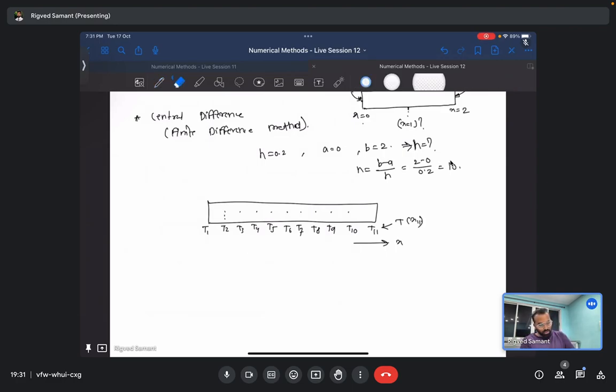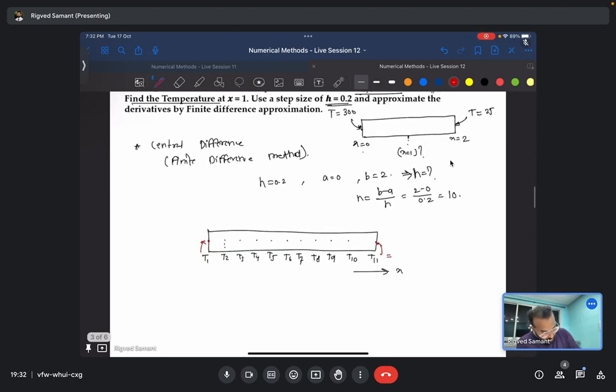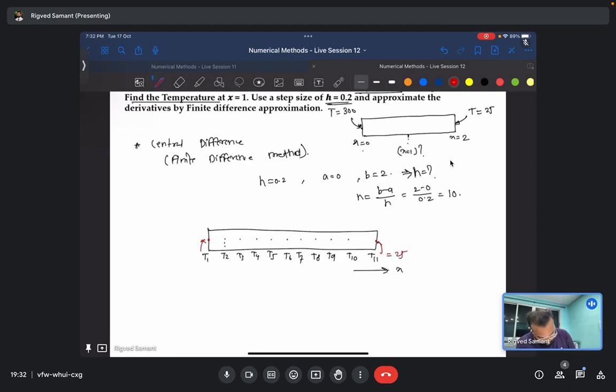At the start, what do we have? This T1 value we have, and this T11 value we have. What is the T11 value? 25. T1 value is 300.